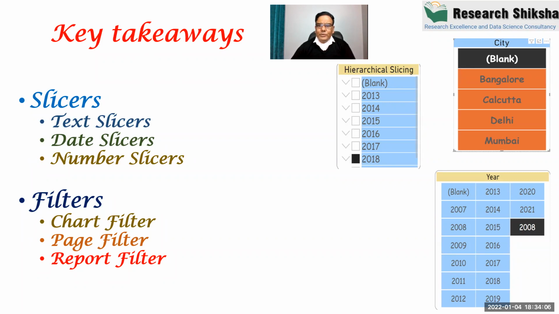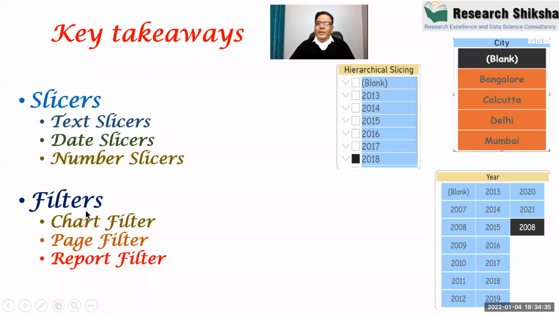For example, I want to see those data sets where sales is more than a particular level, or sales lies between a particular level. So you can select the range and data will be in front of you. So there are three types of slicers we can use in Power BI. We will learn how we can use these slicers.